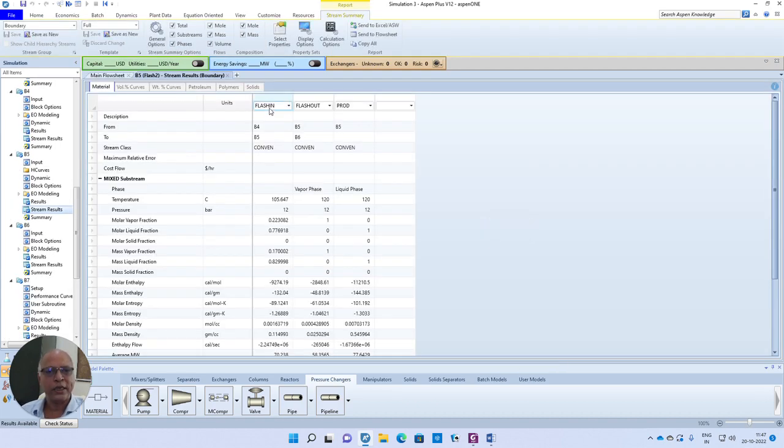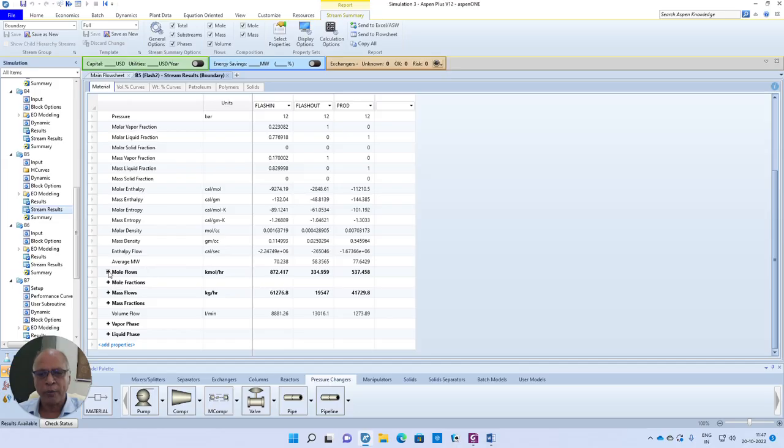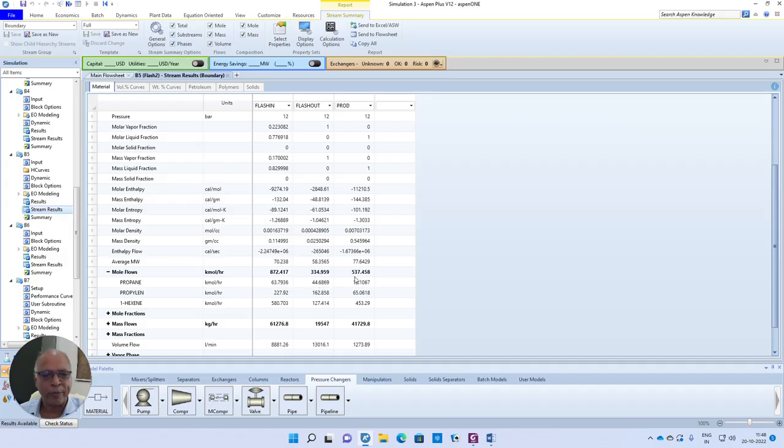So all flash in, this is the vapor product going from the flash, this is the liquid product going from the flash. If you look at the mole flows, this is the amount of propane that is entering, and 44 kilomoles per hour of propane is going into the vapor, but some amount of propane is also absorbed in the liquid product.